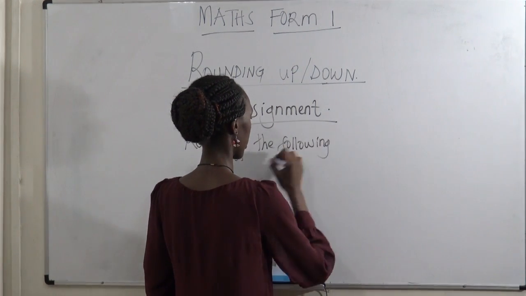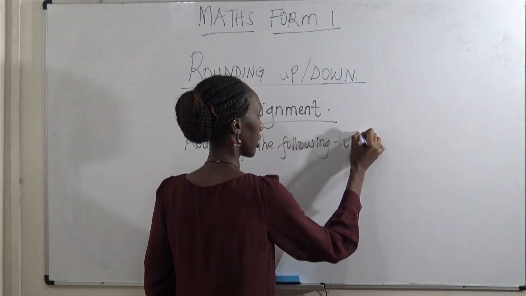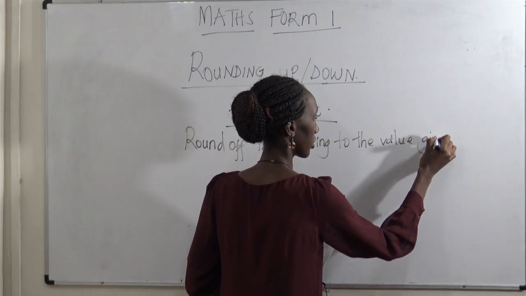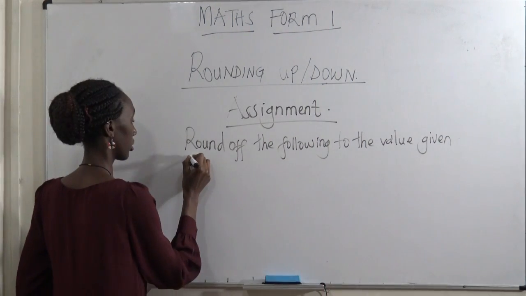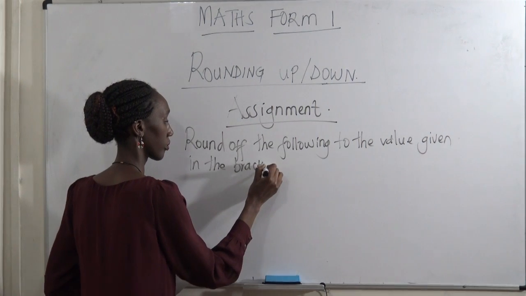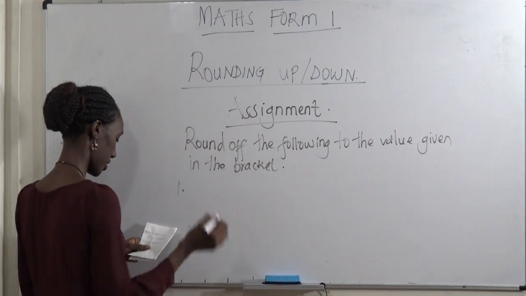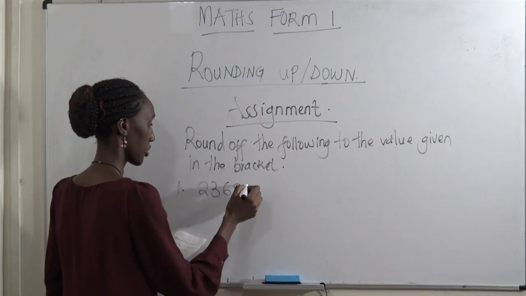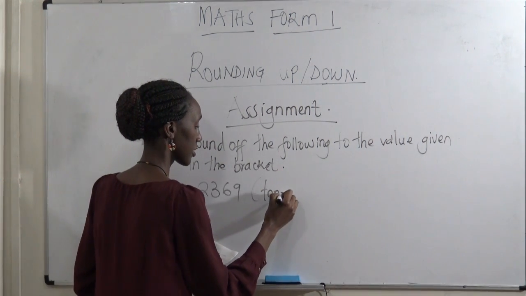The first number is 2369. You round it to the nearest tens.